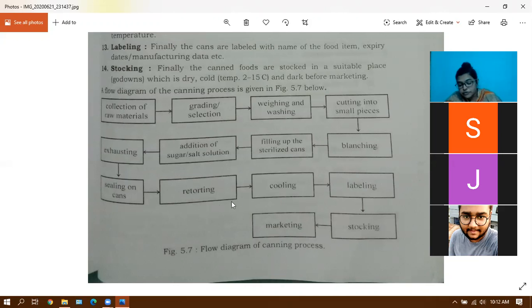Finally, the canned foods are stocked in a suitable place. It will be godowns, which are dry, cold, and dark. Then marketing. This is the flow diagram of canning process.